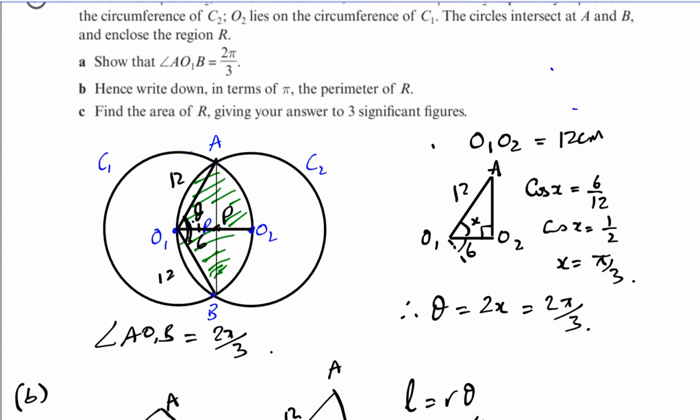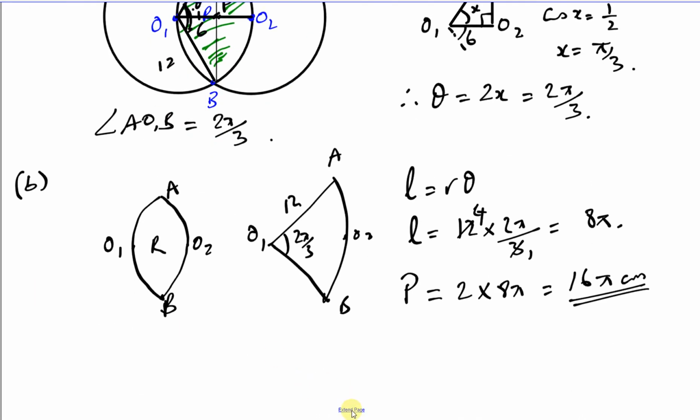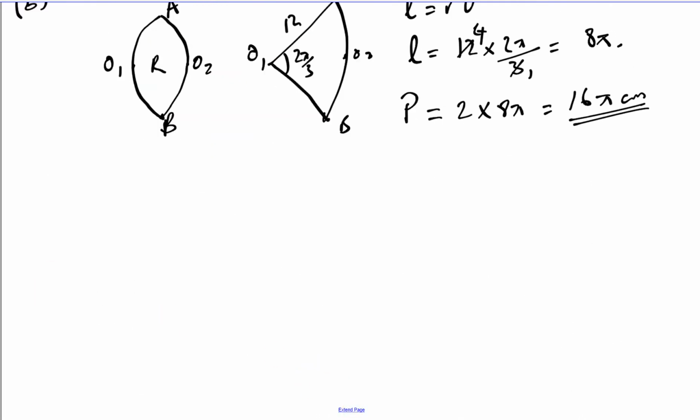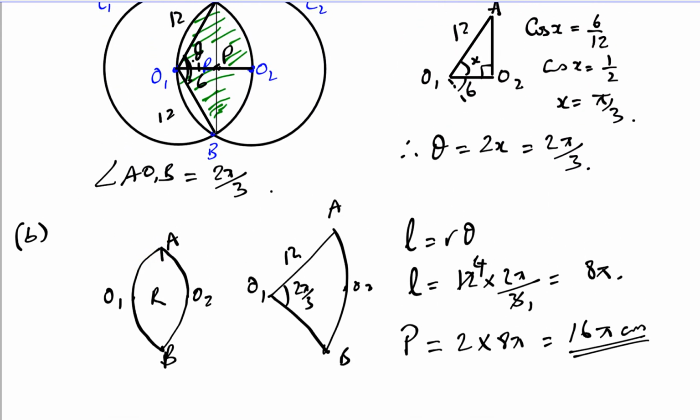Alright, part C says find the area of R giving your answer to 3 SF. So the area of R is going to be the area of one of those segments times 2. You take one of those segments and multiply it by 2. So I need to just think about the area of this segment here and multiply it by 2.